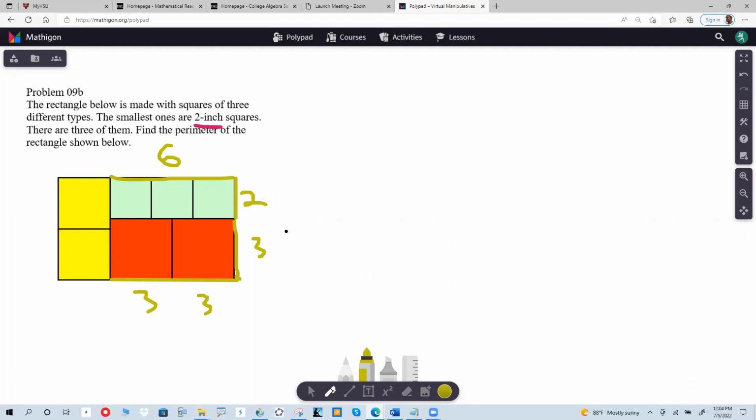I'm in good shape. Look, at the right-hand side, it's 5. So this has to be 5. But the 2 yellow squares together form 5. So each has to be 5 over 2, or 2.5. Now, instead of 5, just so that we know we have done our work, I'm going to write 2.5, 2.5.